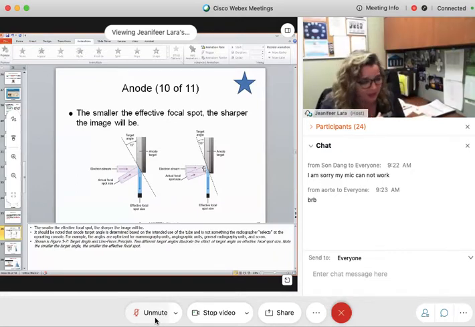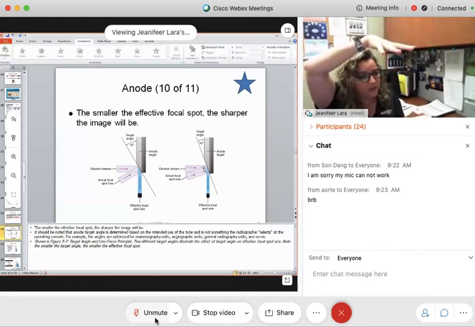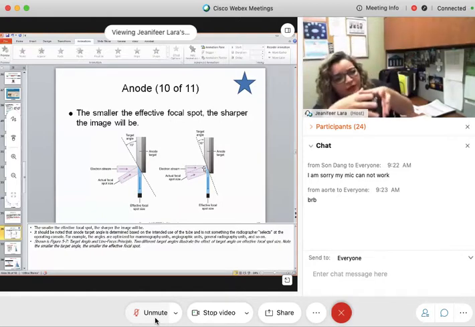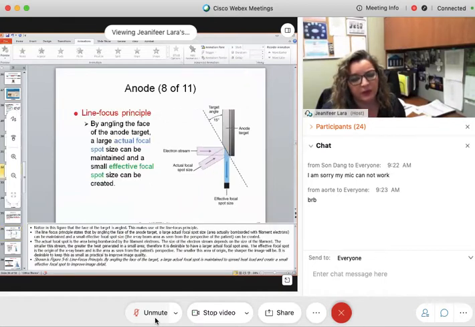We don't want heat, we want more X-rays. So we want to make sure we have a big enough space to get those X-rays. But then we want to funnel those X-rays into a nice, tight, small area. Got it? So that is called the line focus principle.